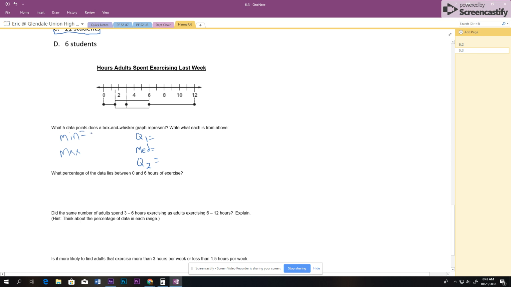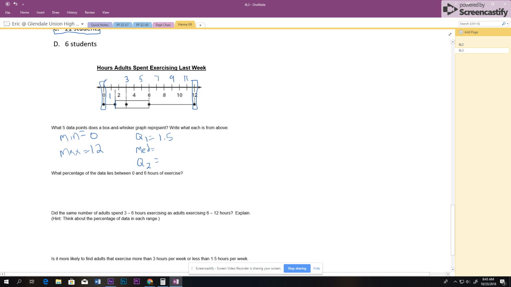So our min is 0. That's the smallest number, this whisker right there. Our max is 12, this number right there. Our quartile 1, if we number this 1, 2, 3, 4, 5, 6, 7, 8, 9, 10, 11, 12, is in between 1 and 2, so that's 1.5.